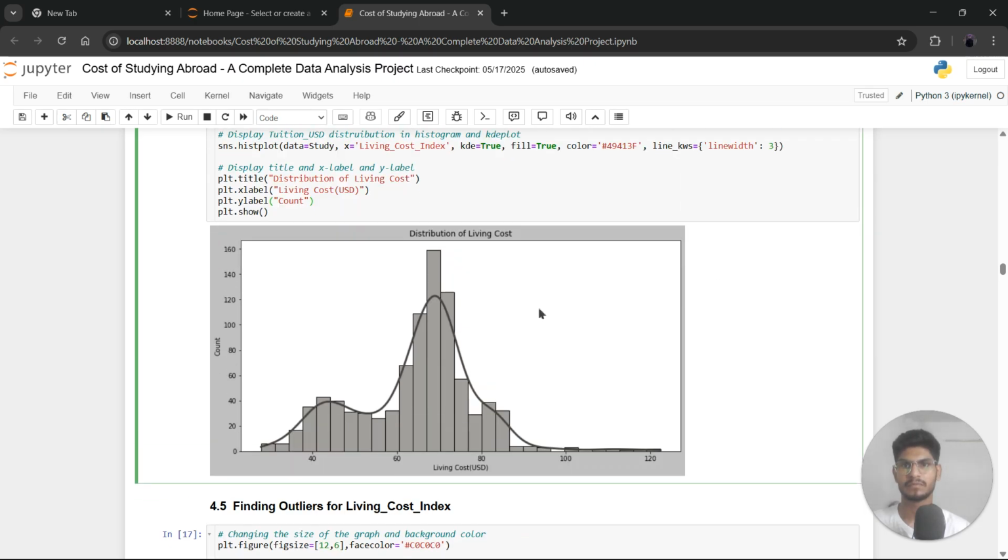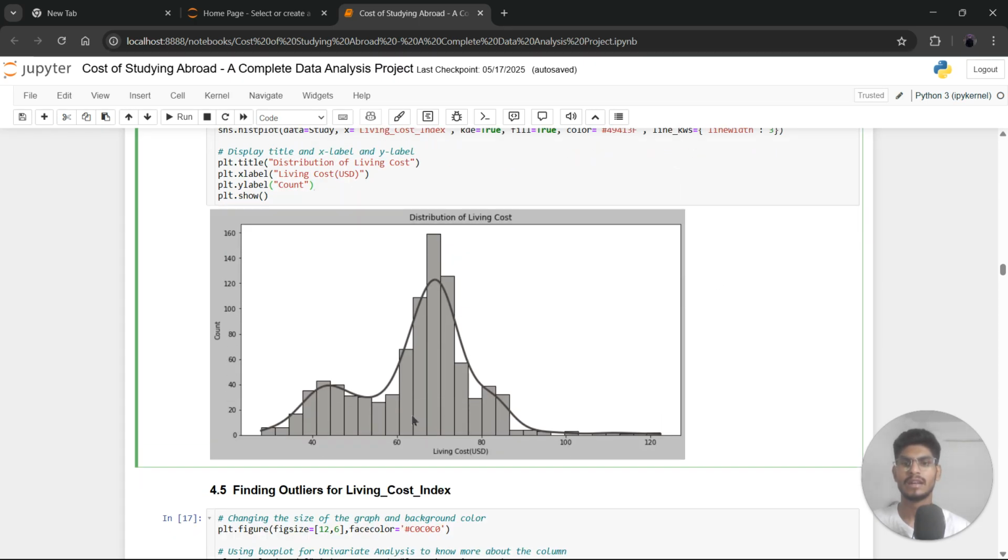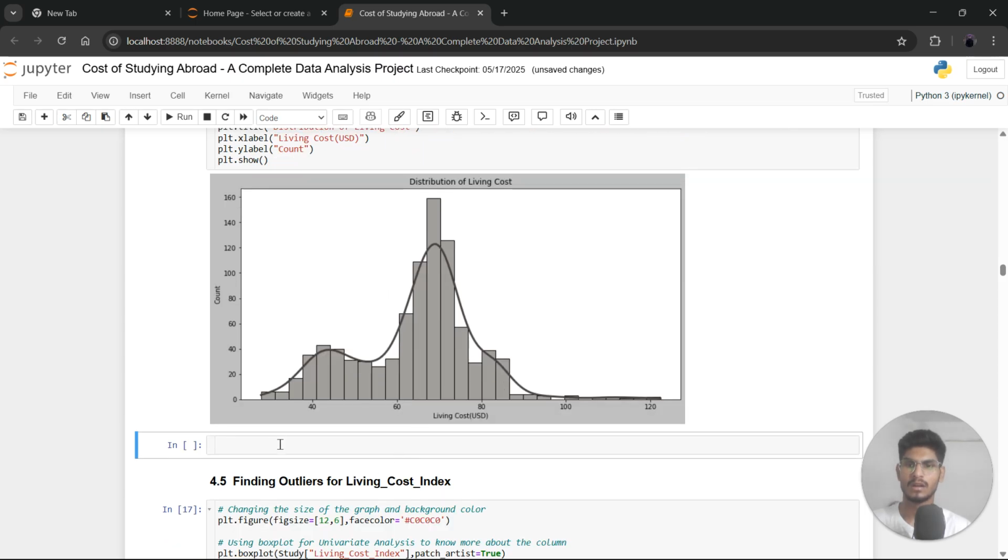And then line_kws is for the line width, that is, what should be the width of the line. Labels. So now we can see that most of the time the living cost index is between $60 to $80. So we can write down average.